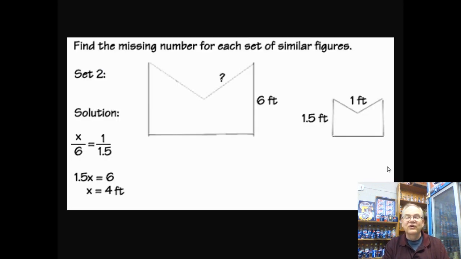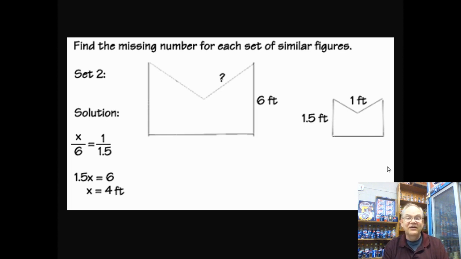Sometimes you'll see pictures where they show you some parts of similar shapes and you're supposed to find what's missing. To solve this one, they did the diagonal side of the big one over the vertical side, x over 6. They said that's equal to the diagonal side of the little one over the vertical side of it, 1 over 1.5.